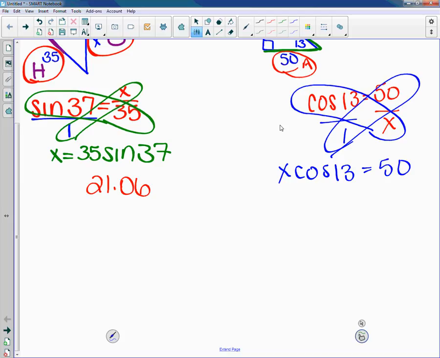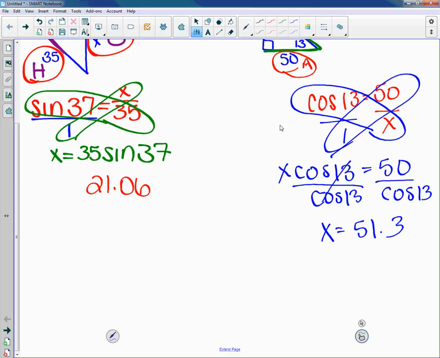Now, when I have it like this, what do I need to do? Divide by the cosine of 13. What's the answer to this? 51.3. Some people remember this, and some of y'all might want to write this down.